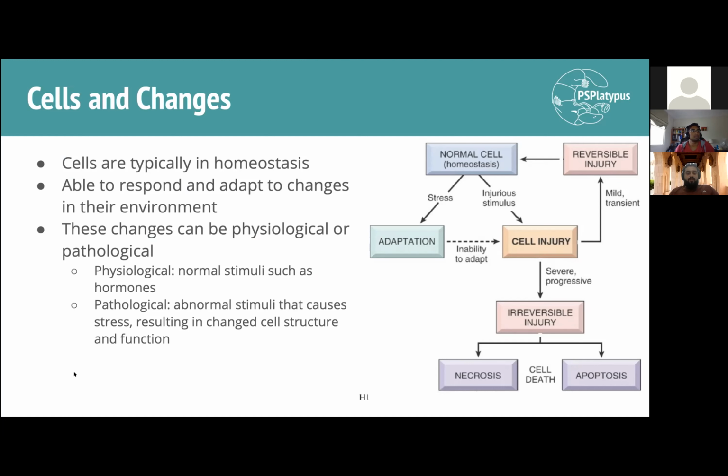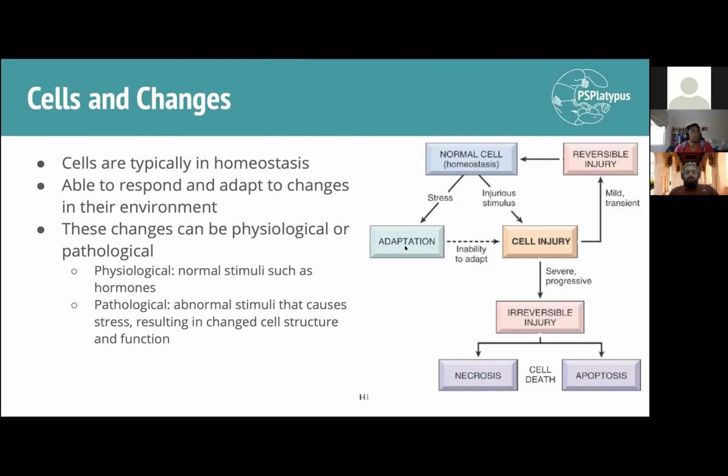For example, if there was an injury or cut. And this chart here shows how a normal cell responds to stress or injury. So we have two stimuli: injury stimulus and stress. Usually, if there's stress, the cell adapts to this stress.